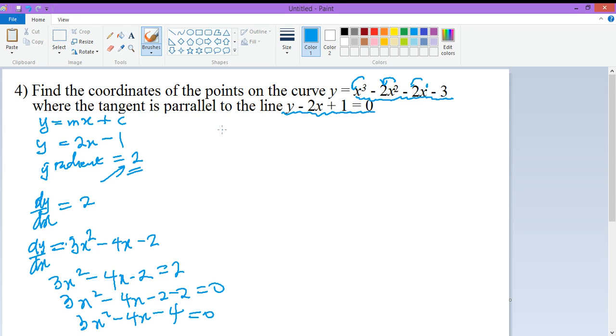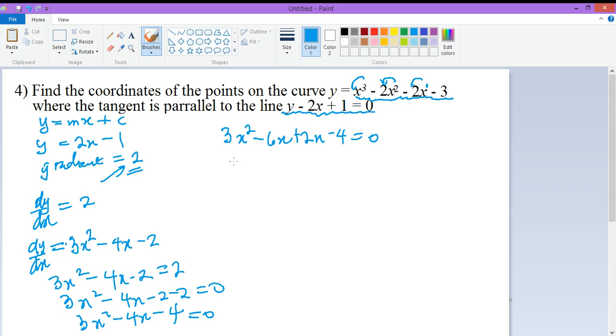So 3x squared, we want to split the 4x into two numbers such that when you multiply the two numbers, you will get negative 12, but when you add, you get negative 4. The two numbers are negative 6 and 2. So we have 3x squared minus 6x plus 2x minus 4 is equal to 0.